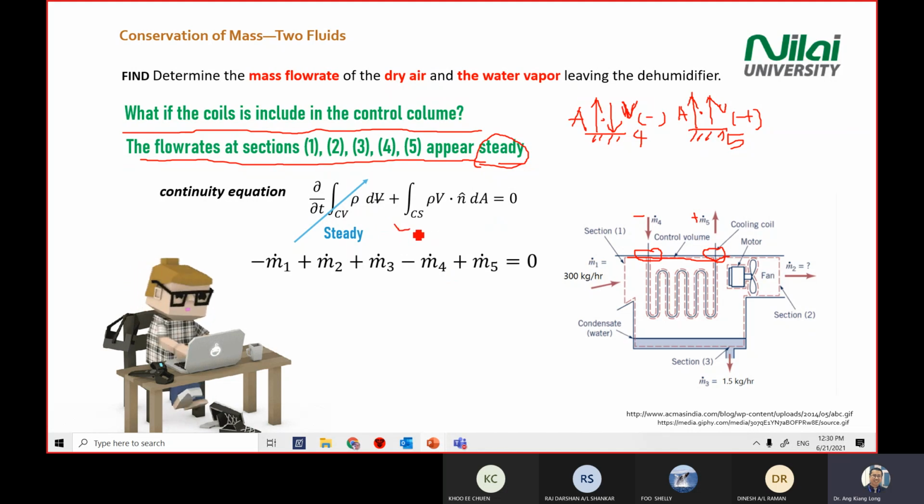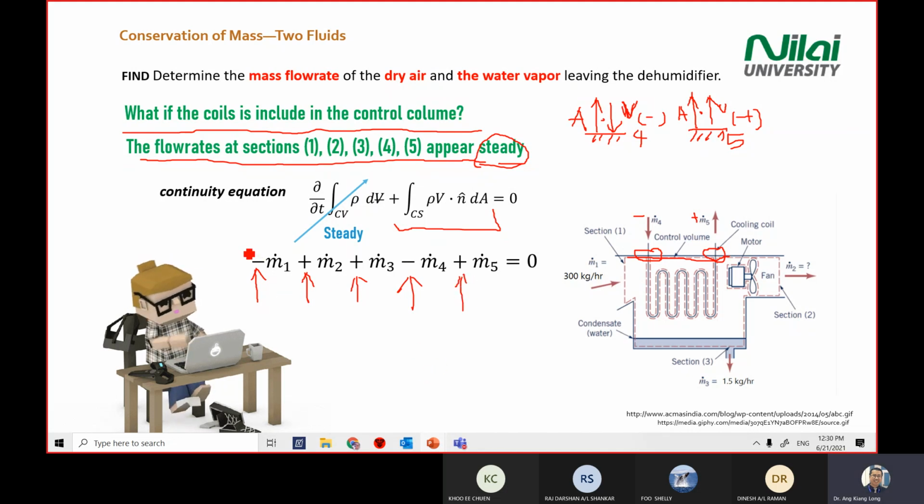The control surface component has 1, 2, 3, 4, 5 because you have 5 openings: section 1, section 2, section 3, and now another two, section 4 and section 5. So point 1 is negative, point 2 positive, point 3 positive, point 4 negative, point 5 positive.